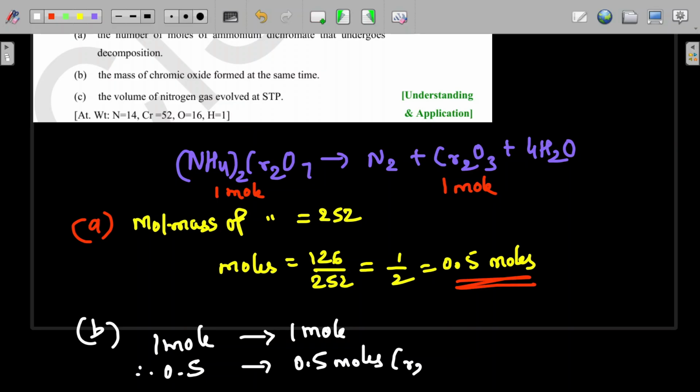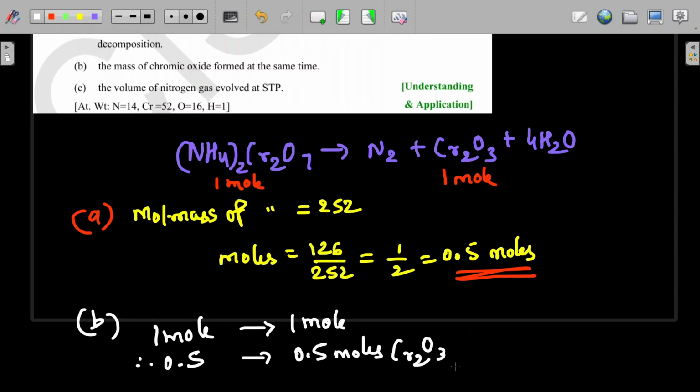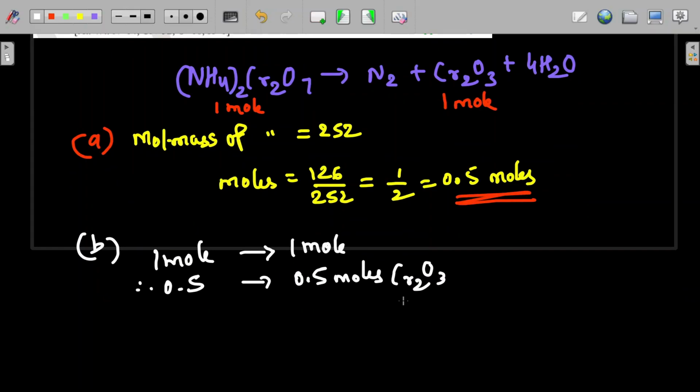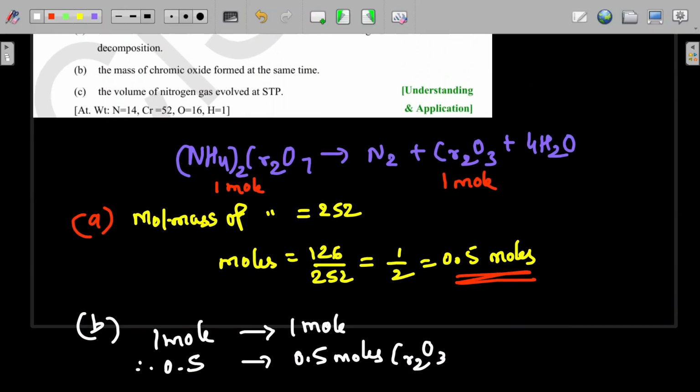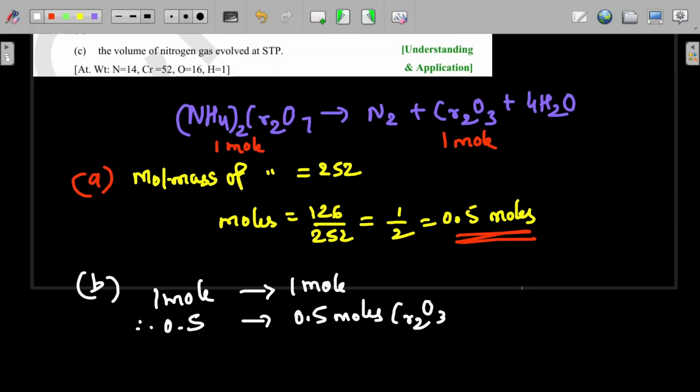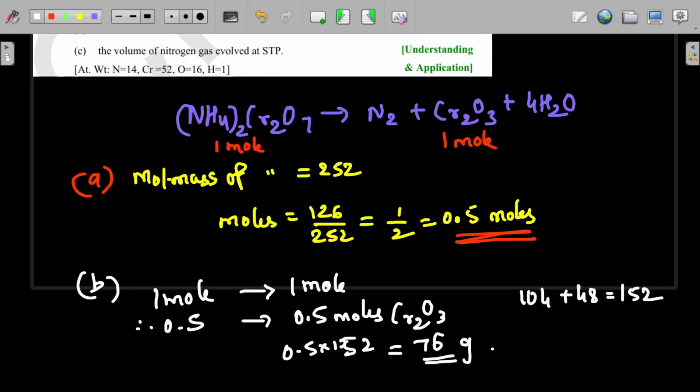What they have asked here is mass, so find the molecular mass and multiply it by 0.5. Chromium atomic mass is 52 into 2, 104, plus 48, 152, correct? So 0.5 into 152 is 76 grams.